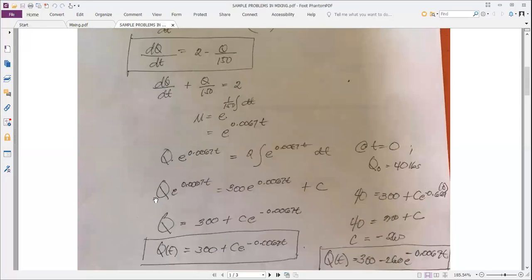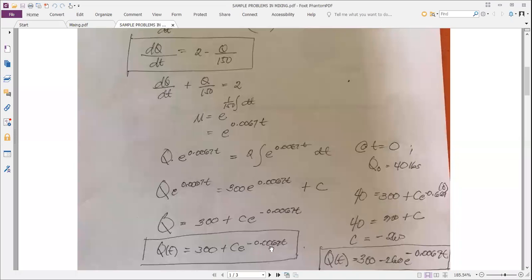If you will divide the entire equation by this exponential function, you will have q equal to 300 plus c e raised to negative 0.0067t.